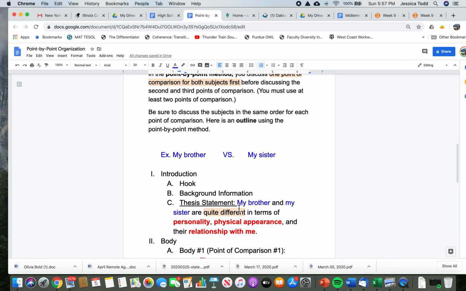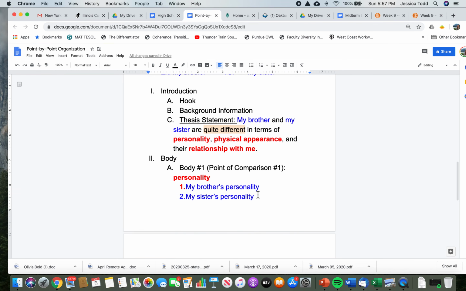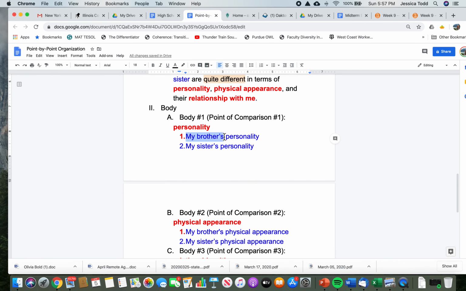A final rule to remember is be sure to discuss the subjects in the same order for each point of comparison. Now, this means that if you start with your brother and then go to your sister in body number 1, you should follow the same order in body number 2.